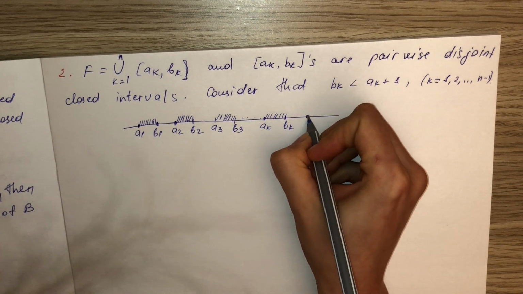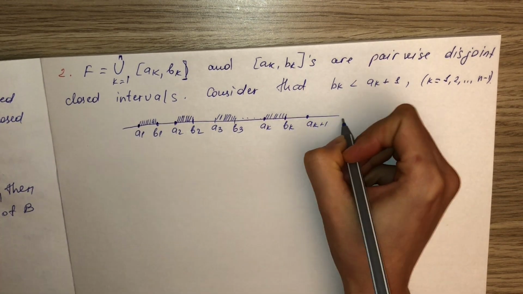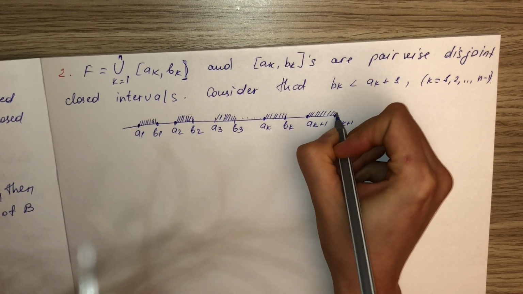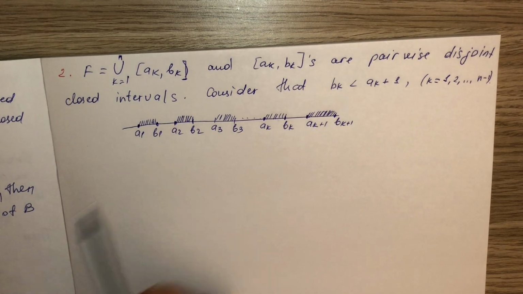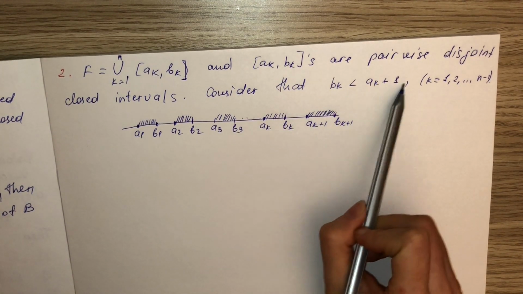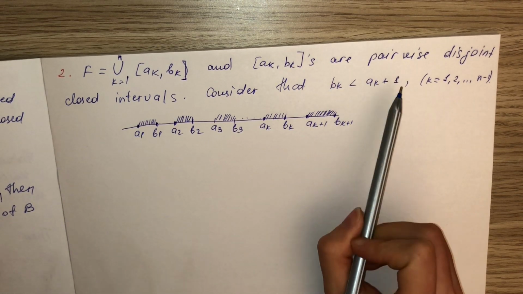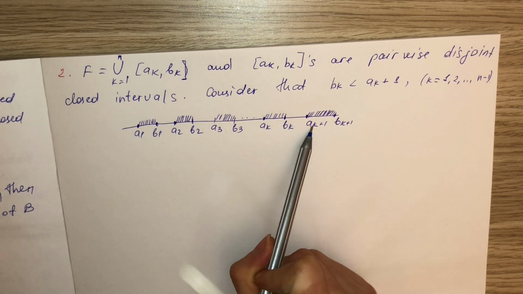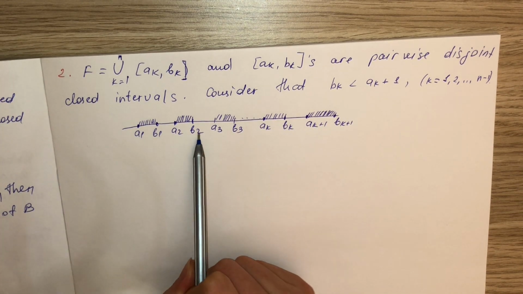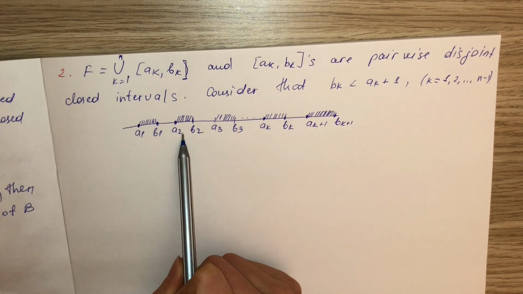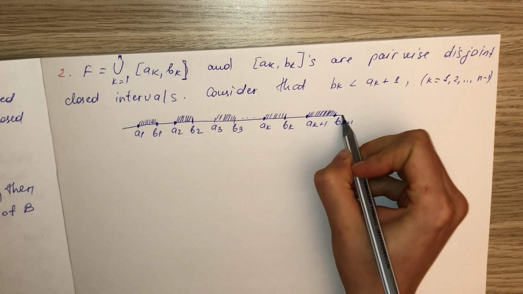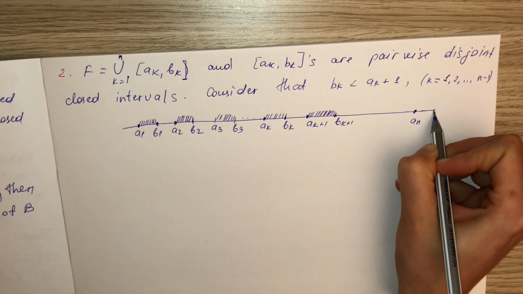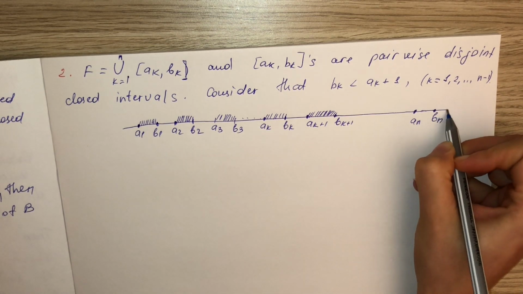Here is ak plus 1, bk plus 1. Pay attention, please. This property is satisfied. So bk is less than ak plus 1 everywhere. b2 is less than a3, b1 is less than a2, and etc. It keeps going, till here, an and bn. Okay?